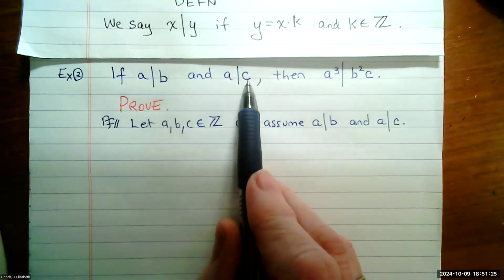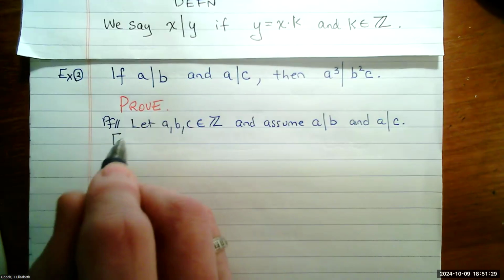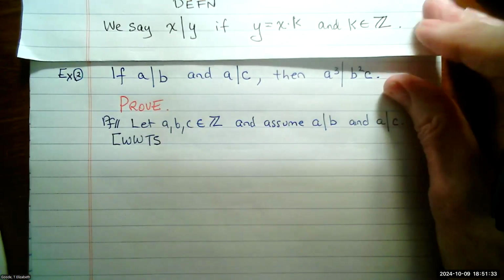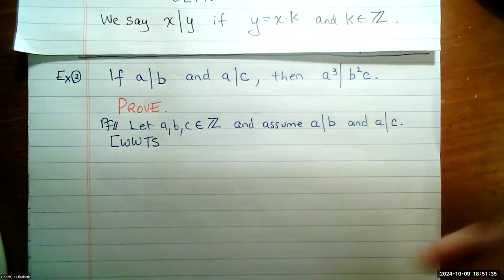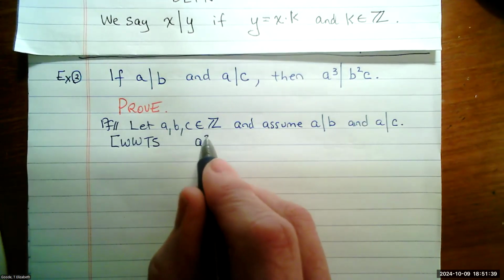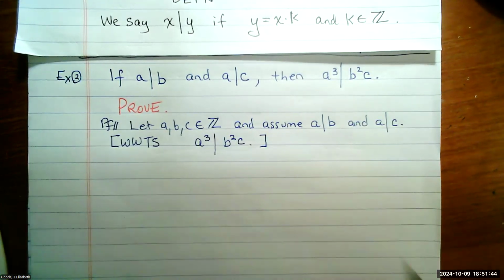Right? We take the hypothesis. Well, what do we wish to show? Well, we wish to show A cubed divides B squared C. It's very methodical. Each step is easy in its own right.